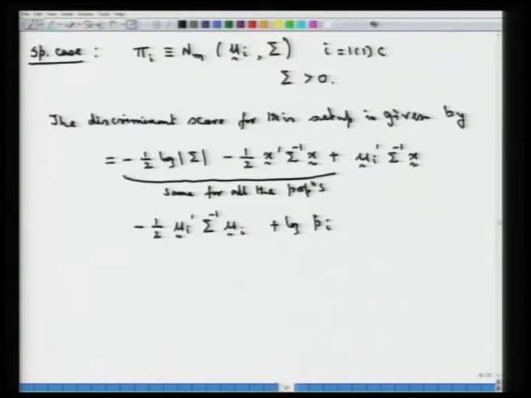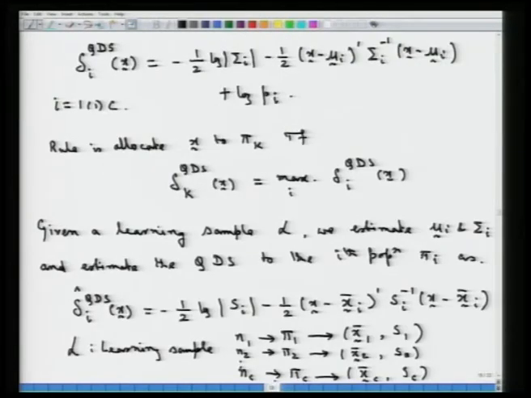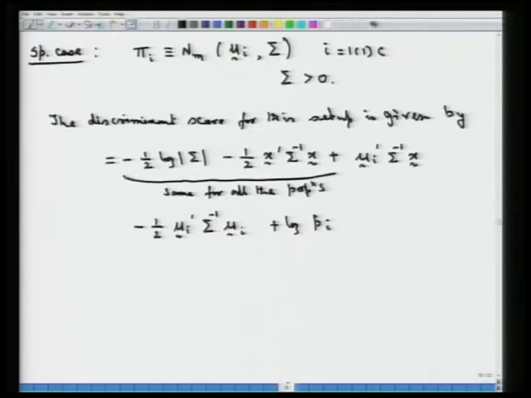What we have cleverly done is to look at the simplified version of this quadratic discriminant score, because the sigma matrix is the same for all the populations, and the term x transpose sigma I inverse, where sigma I is sigma here, is independent of the choice of the population I. So, the terms that are going to vary now are this term here, and basically this term here.